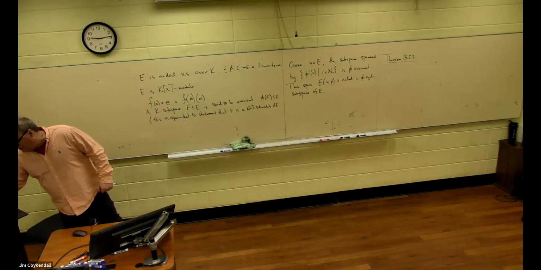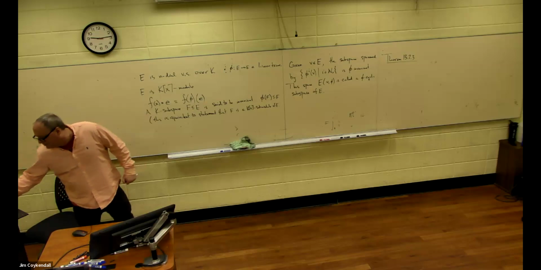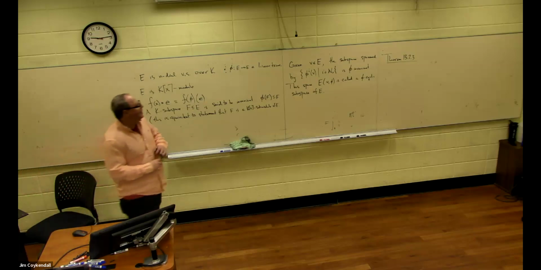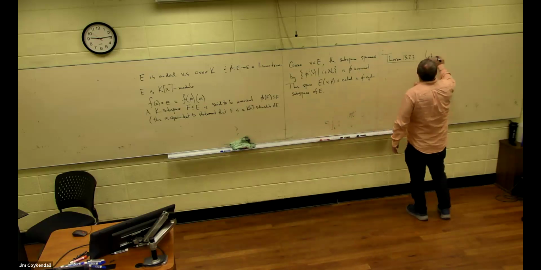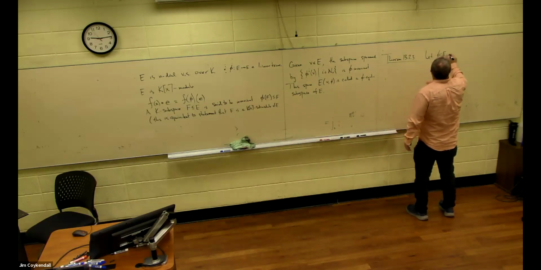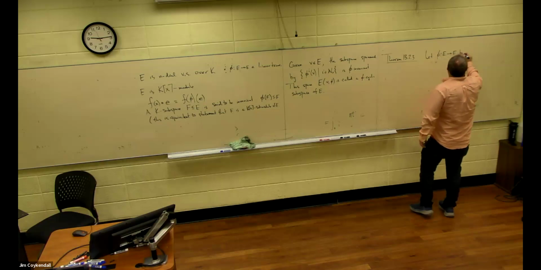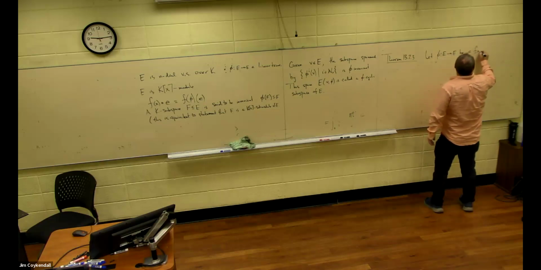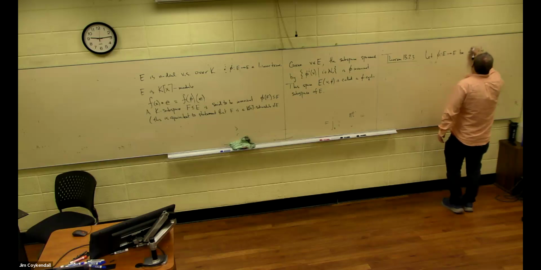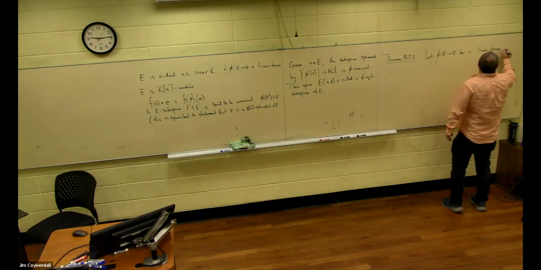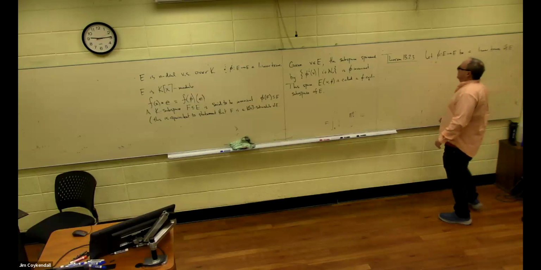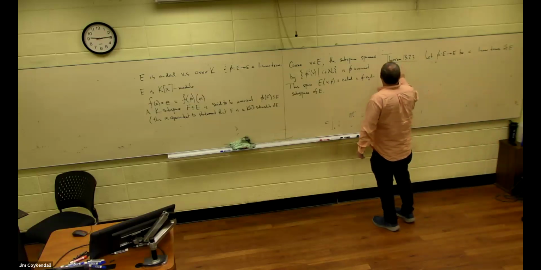Suppose we have a linear transformation of a finite dimensional vector space. Let phi from E to E be a linear transformation of E, a finite dimensional vector space.